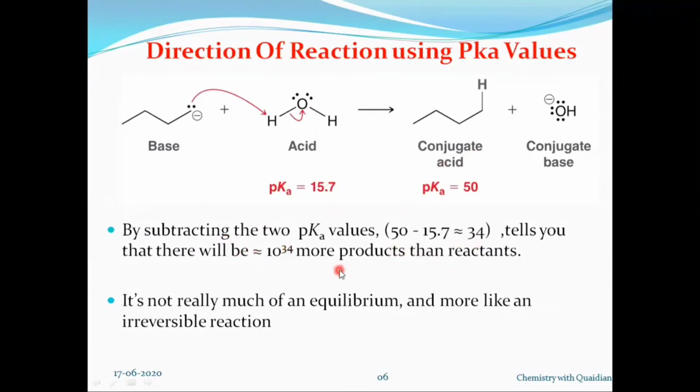This shows that there will be 10 raised to the power 34 more products than reactants, as its pKa value is 50. It is a very large pKa value, so this acid is very weak. We have said that the reaction will proceed towards the weaker acid as its value is very high. So this reaction is almost a forward reaction. It's not really much of an equilibrium and more likely an irreversible reaction, you can say.